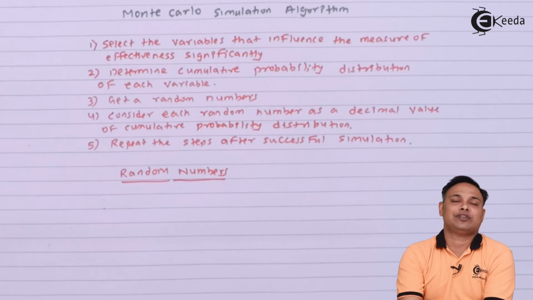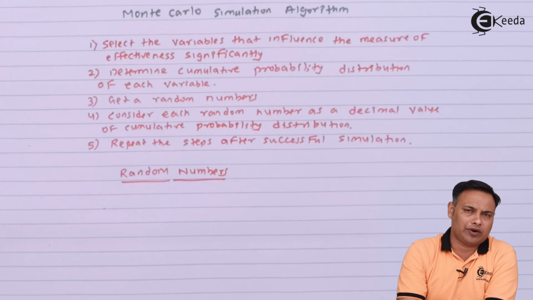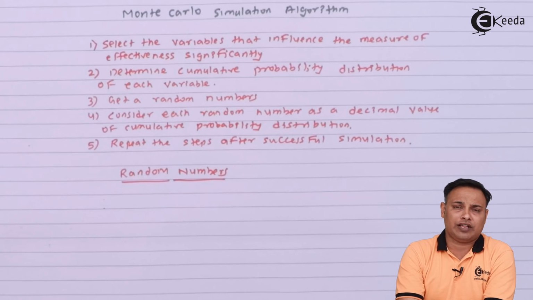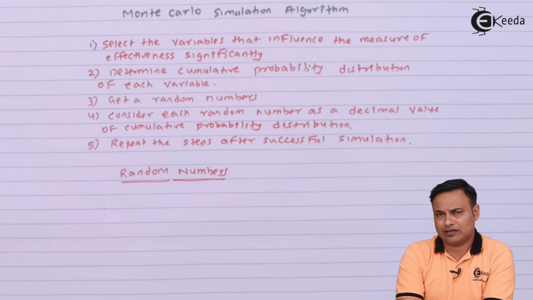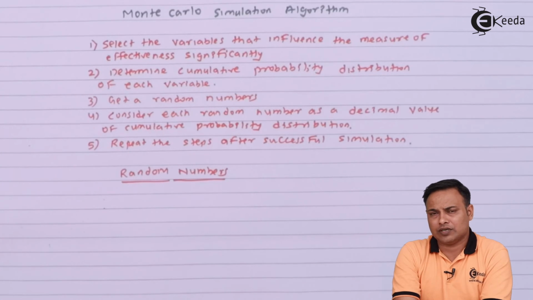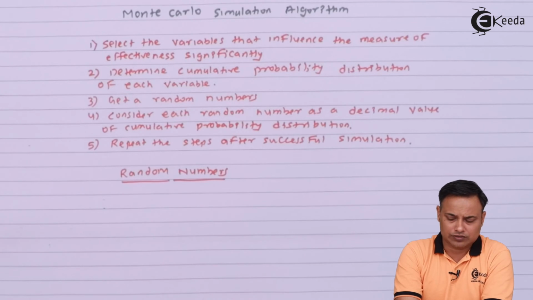The next part I'm going to discuss is random numbers. Now what are random numbers? They are very important while solving problems under simulation. Without random numbers it will be very difficult to simulate the data. Therefore you must have a good set of random numbers which can be simulated so as to get the actual data through simulation methods.